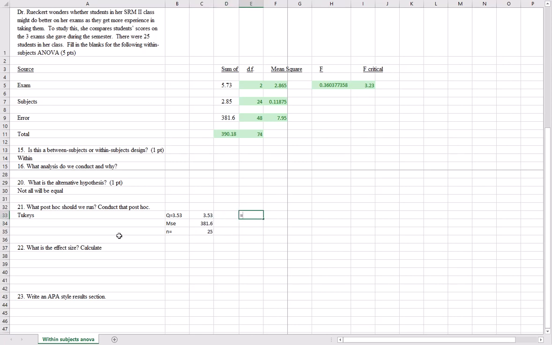The HSD can equal this times the square root of the mean squared error divided by our sample size. So we're going to end up with 13.317. However, since we know that there was no significant difference, we don't need to do anything further than calculate what our HSD would be.